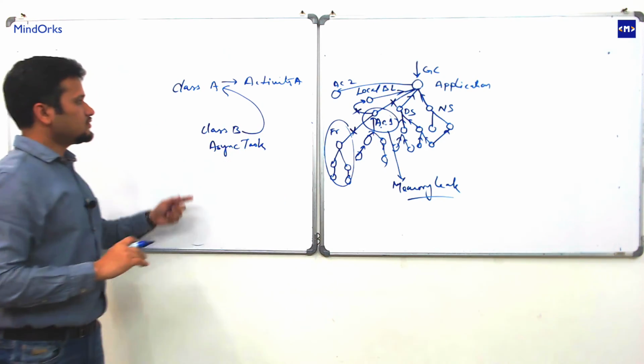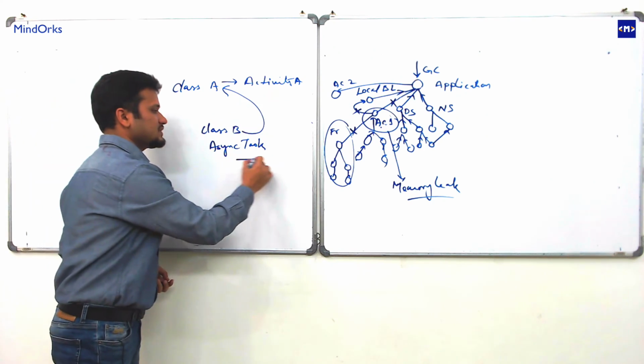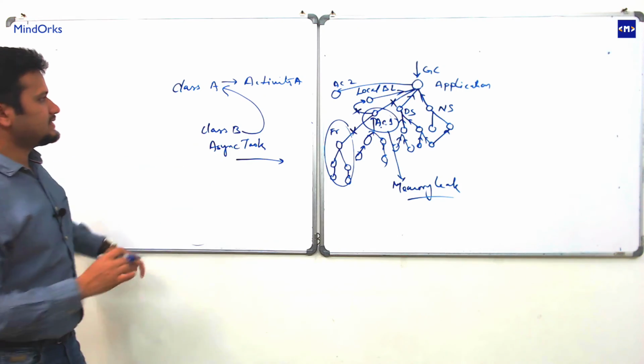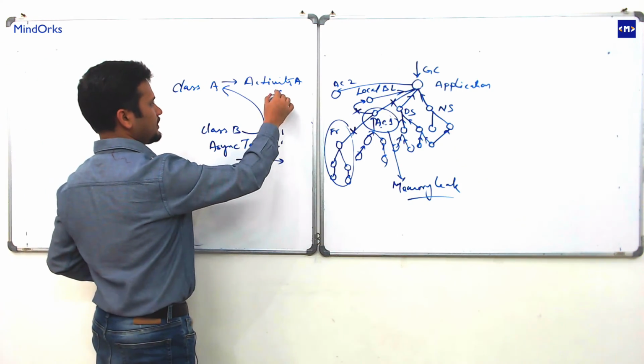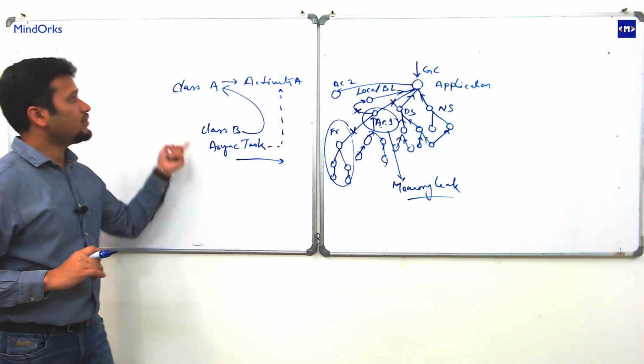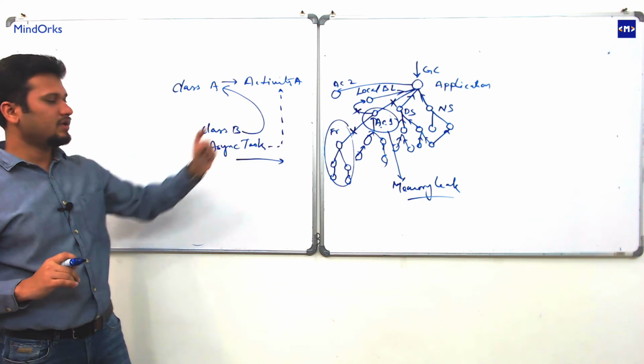Suppose activity onDestroy was called, but this async task was running. Async task is an inner class, so it implicitly references the activity. So till your async task is running, your activity will not be garbage collected. Okay, so this is also a memory leak.